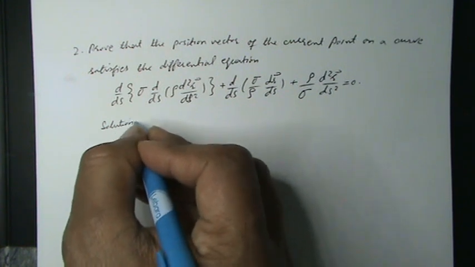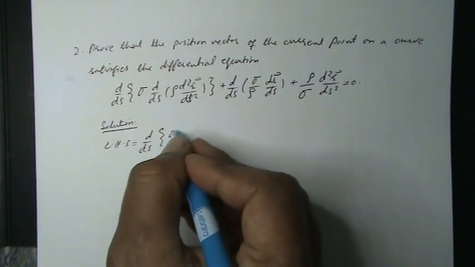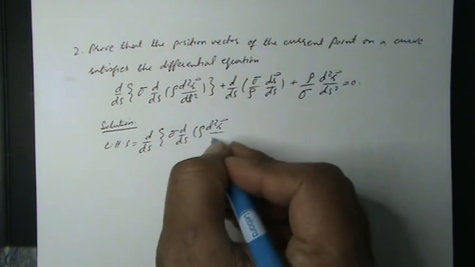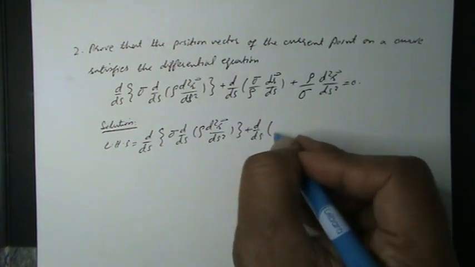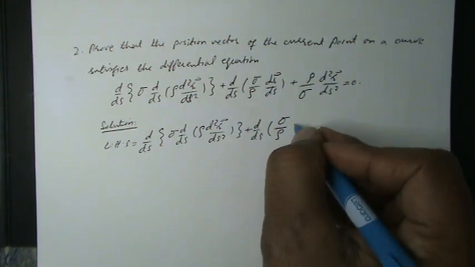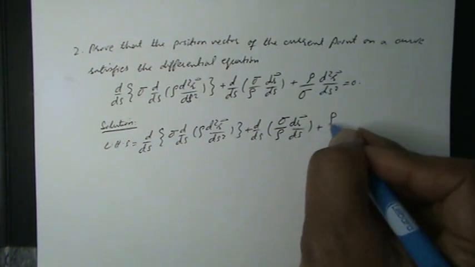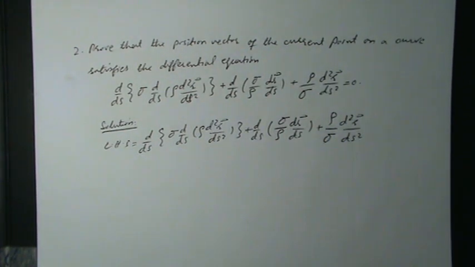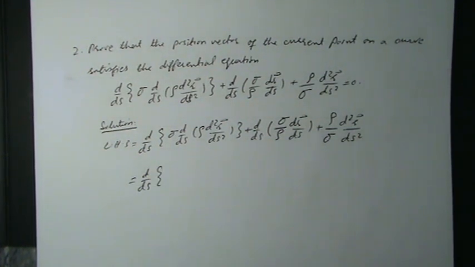Solution: left hand side, d by ds of sigma d by ds into rho d2r over ds squared, plus d by ds into sigma over rho dr over ds, plus rho over sigma d2r over ds squared.